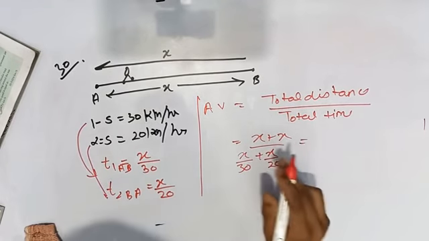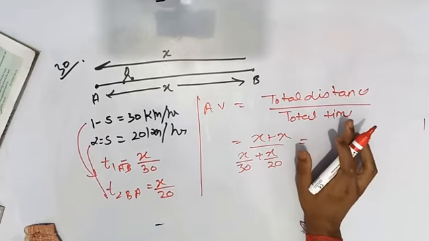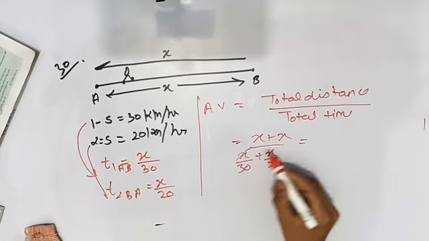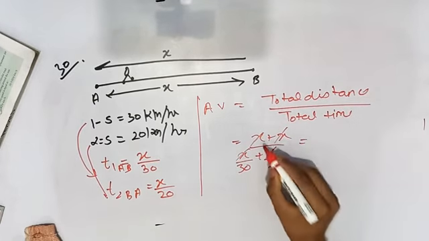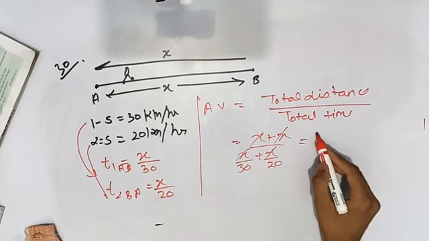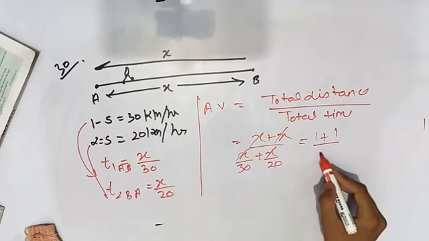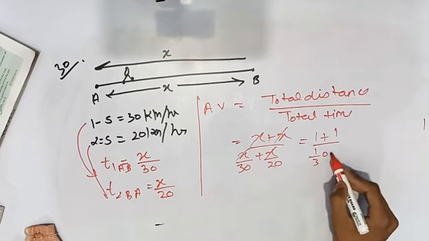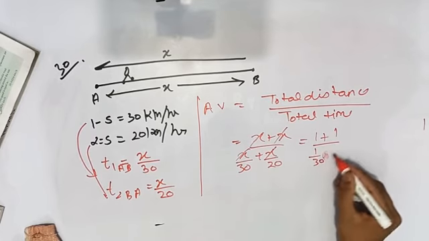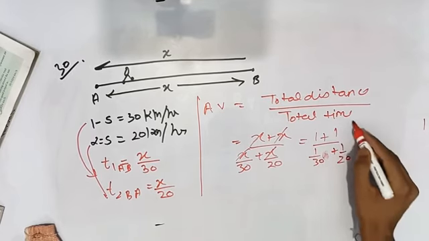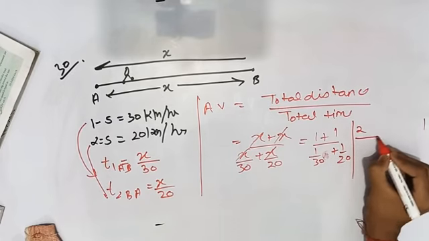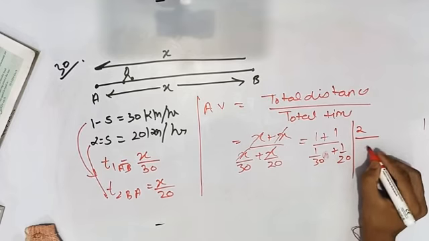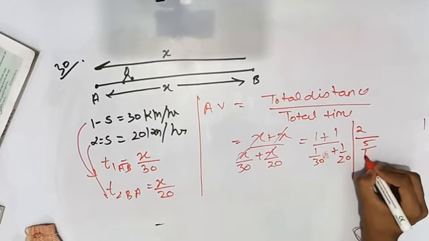So we cancel the x's. What remains is 1 plus 1 upside, and downside 1 upon 30 plus 1 upon 20. If we add them, we get 2 divided by 5 upon 60.